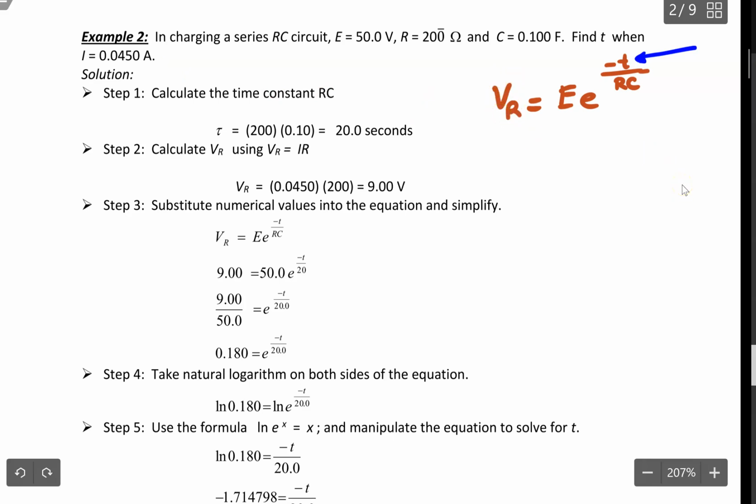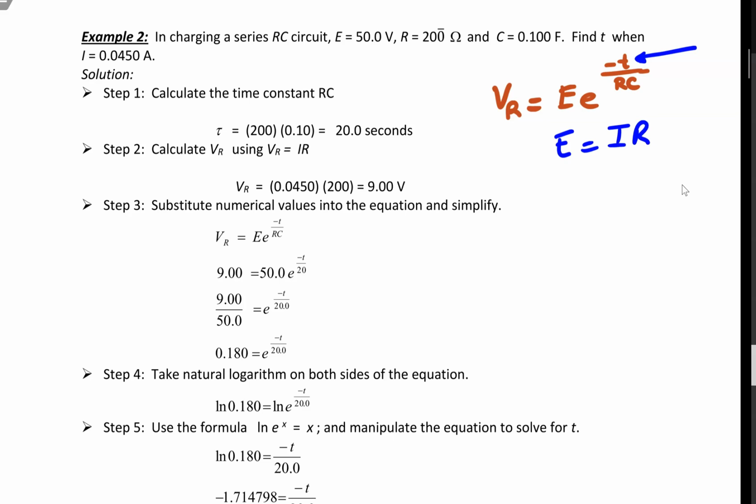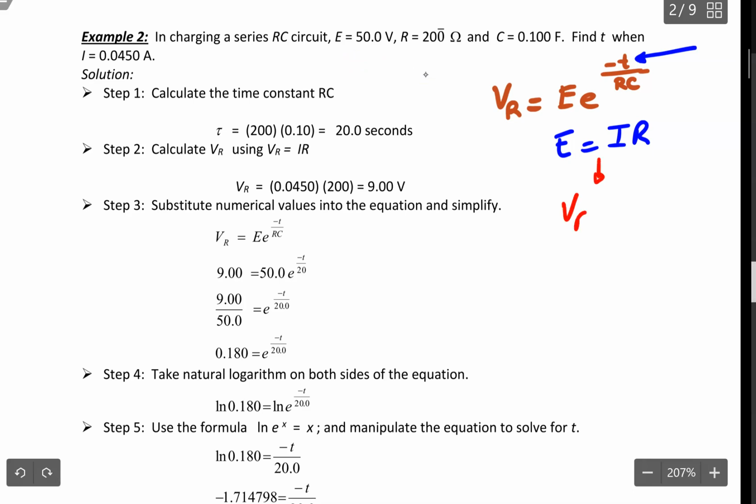Ohm's law is E equal to I times R. I'm given I and I'm given R. So if I take this R value and multiply it with the current, I can figure out the voltage across that particular resistor R. So from here, I can see VR will be equal to I times R.